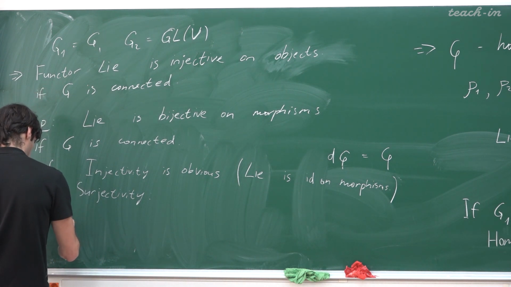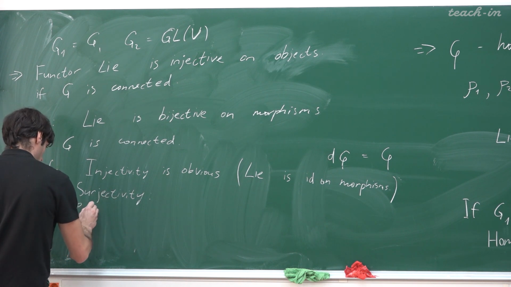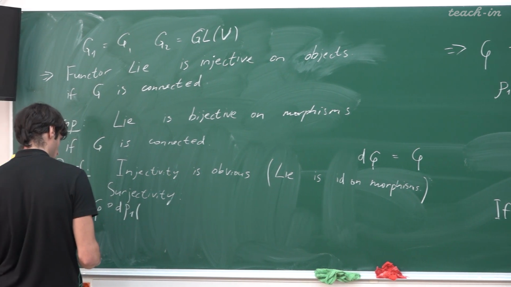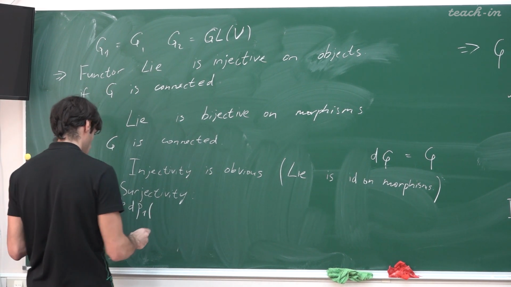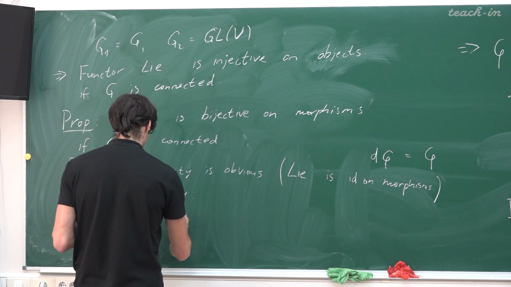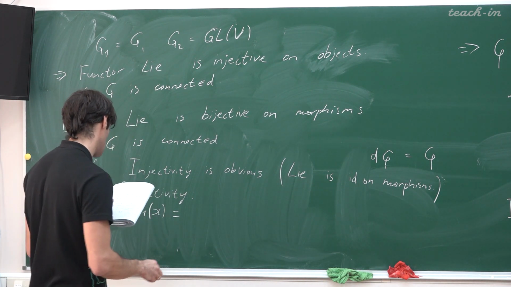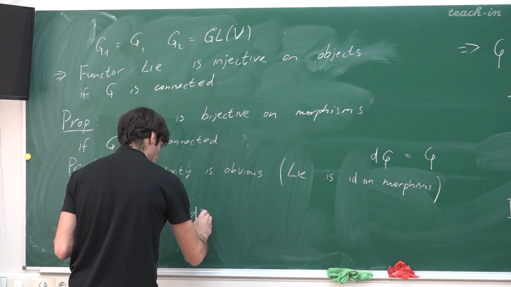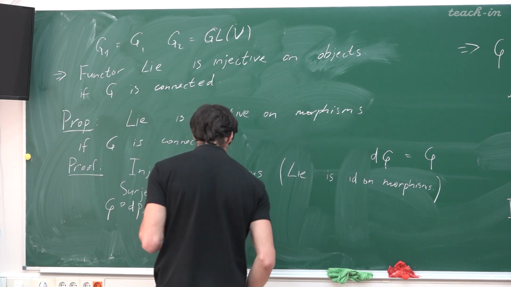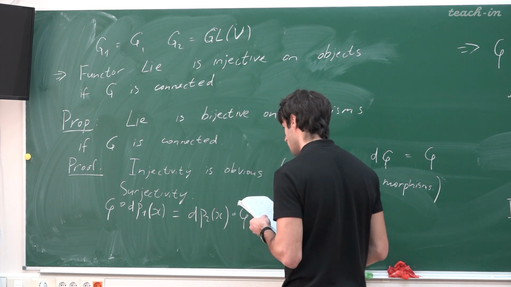Suppose that I have some homomorphism of representations of Lie algebras. So I have something like this: phi composed with d rho 1 of x equals d rho 2 of x composed with phi, where x is an element of the Lie algebra.